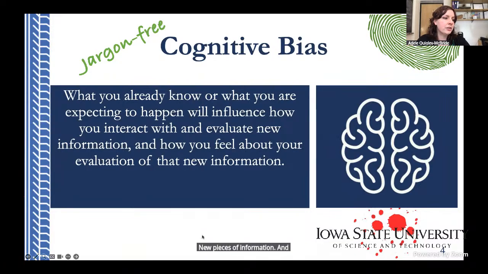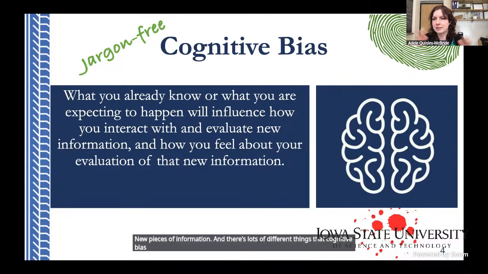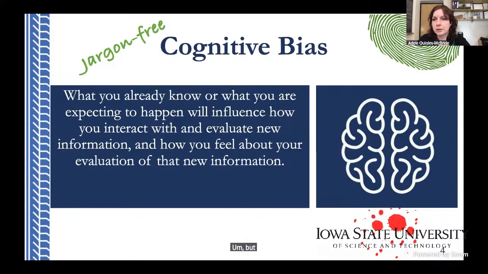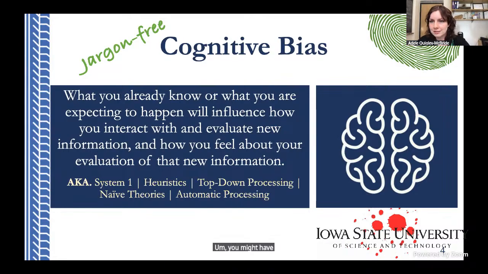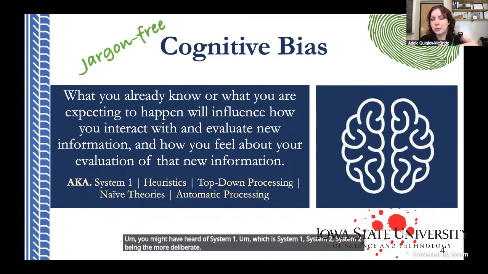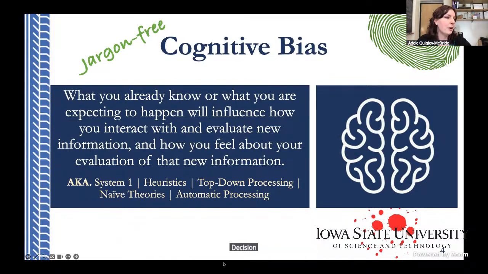And there are lots of different things that cognitive bias has been called. Cognitive bias is kind of an umbrella term, but you might have heard other words used to describe it. You might have heard of System 1, with System 2 being the more deliberate, careful, slow decision making, but System 1 is basically the automatic, cognitive-bias-type decision making.